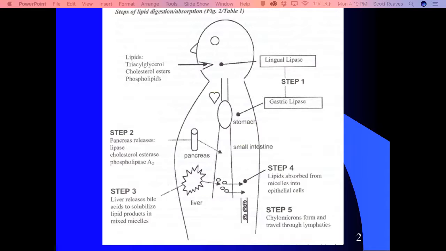That one tends to cleave 1 and 3, I believe. So you're going to have 2, 1, 3. This one tends to come off. This is the diacylglycerol. The monoacylglycerol tends to end up like this, just the fatty acid on the middle carbon.